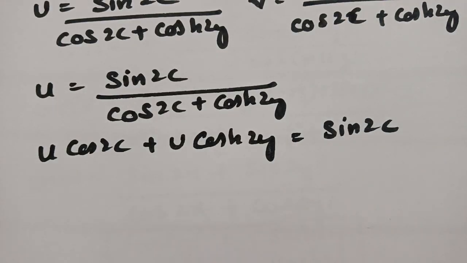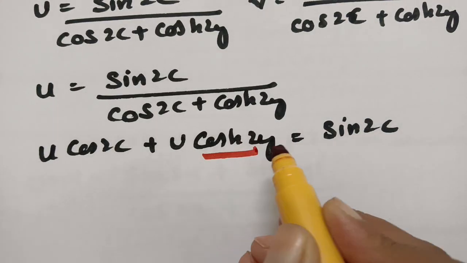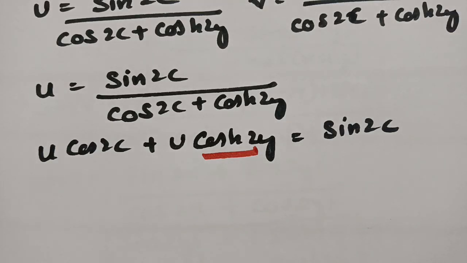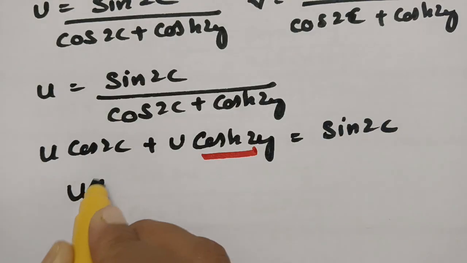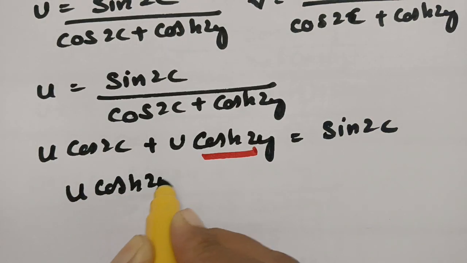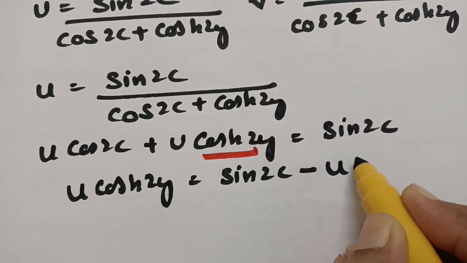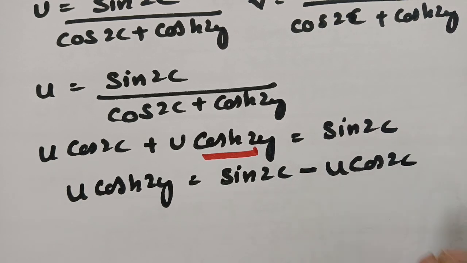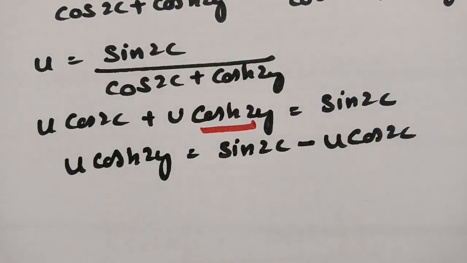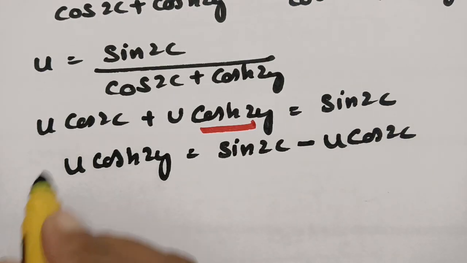I need the value of cosh 2y, so I am sending this term to the other side. Then u cosh 2y is equal to sin 2c minus u cos 2c. Clear? This is one equation here, and I need this equation in future.